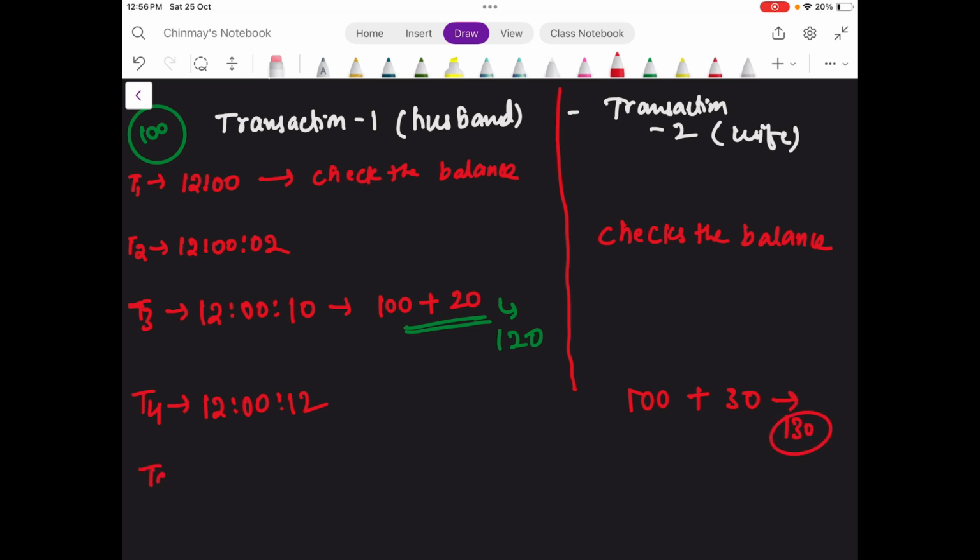At time t5, what happened? At 12:00 and 14 milliseconds, it got committed. At time t6, 12:00 and 16 milliseconds, it is committed.